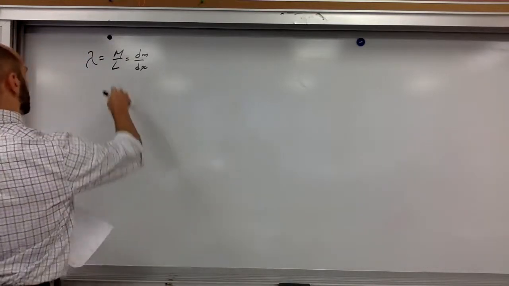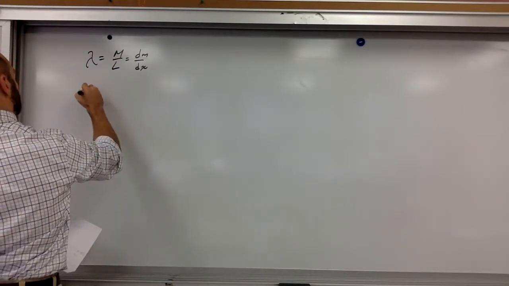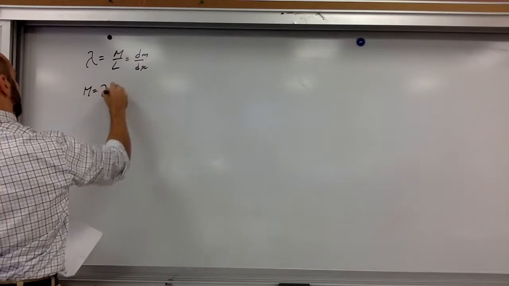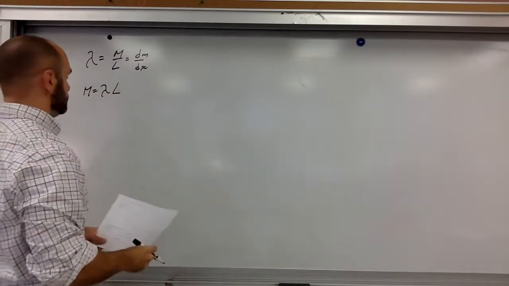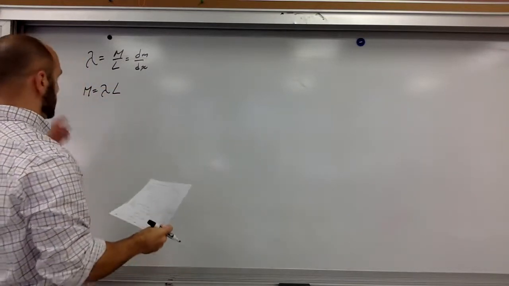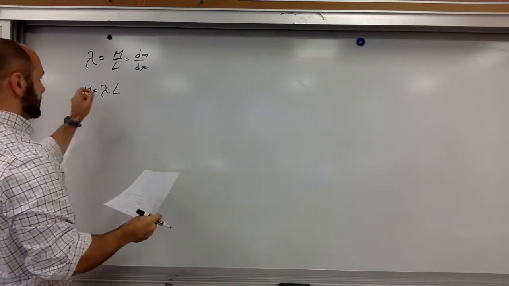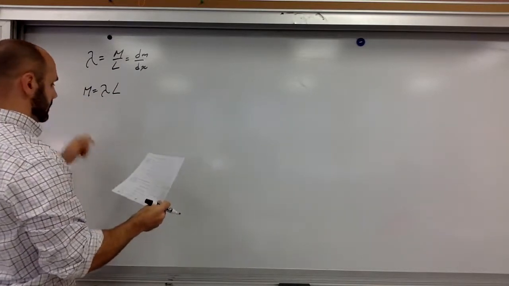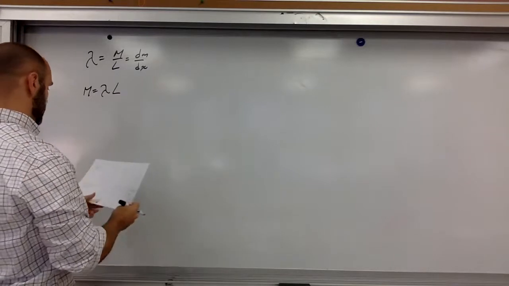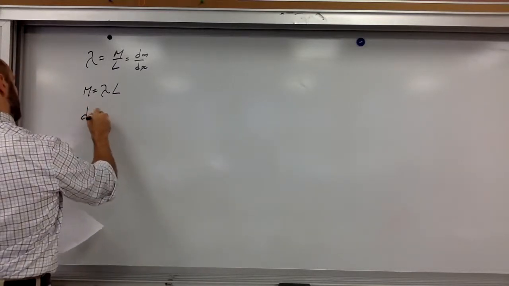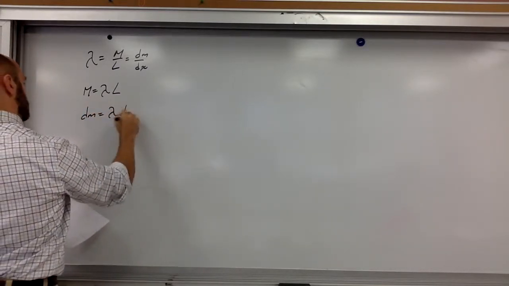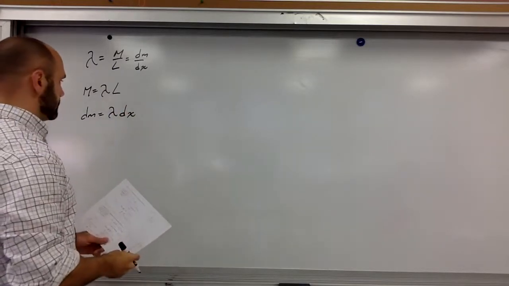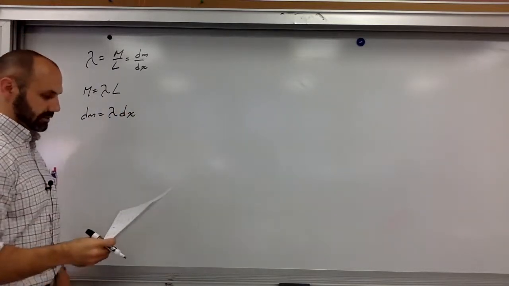Now, if I solve this, I end up with the mass equals lambda times L. And also, because each piece of the mass and the length has the same amount of mass per length each time, I know that dm is equal to lambda dx. So now I have these two equations.